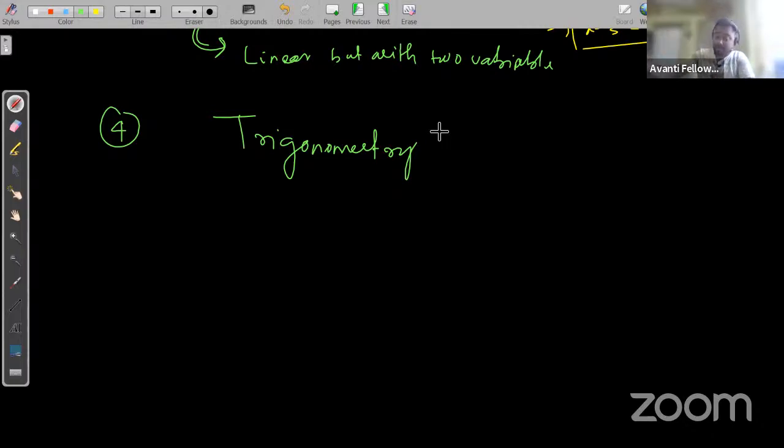Even if you don't want to solve the trigonometry questions in JEE Mains, it is important for the 11th boards also, and whatever the concepts or question level we have, we can solve those questions very easily.